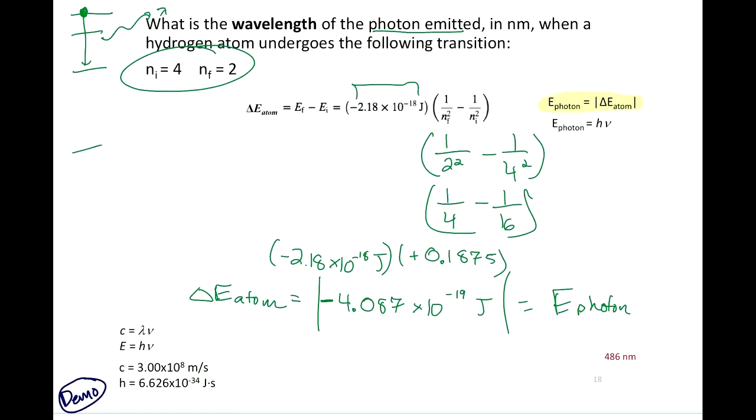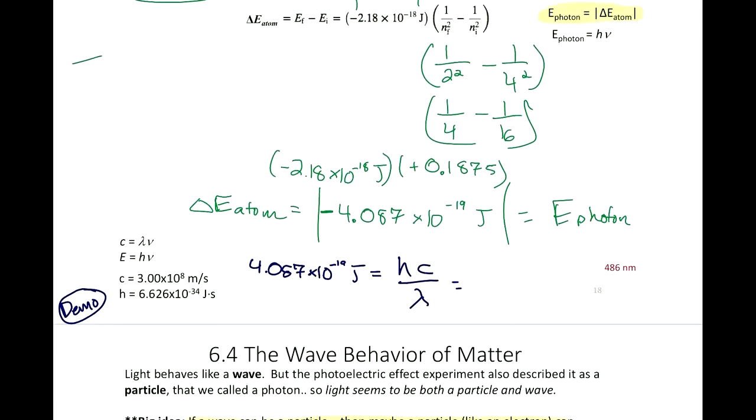So that means the energy of my photon, 4.087 times 10 to the negative 19 joules, is hc over wavelength. That's what I'm solving for. hc is their constants, so 6.626 times 10 to the negative 34 joule second, speed of light, 3 times 10 to the 8 meters per second.